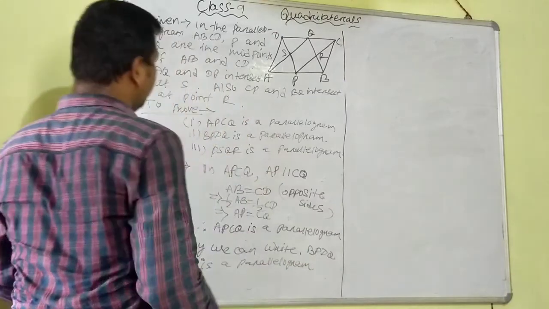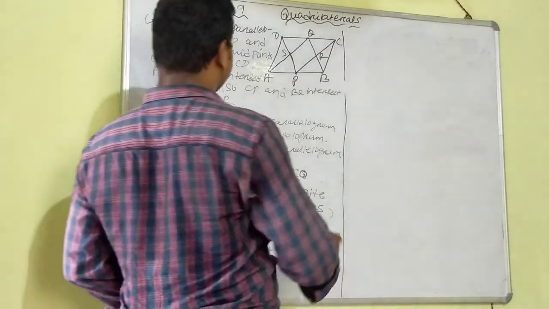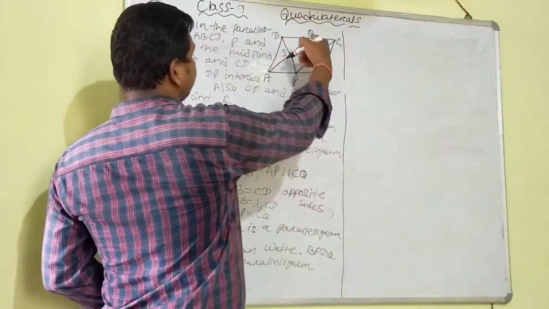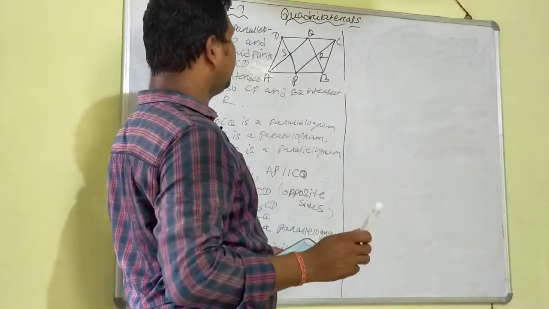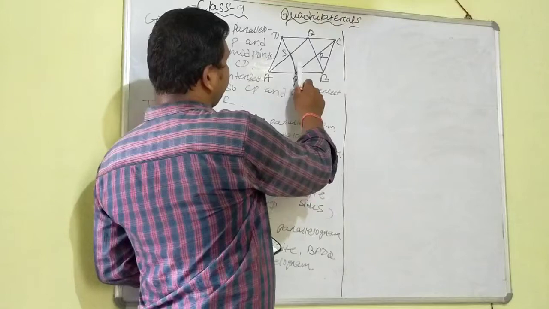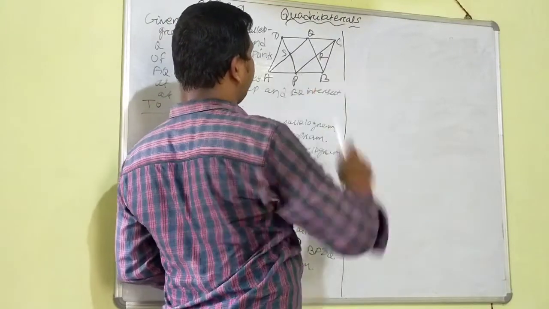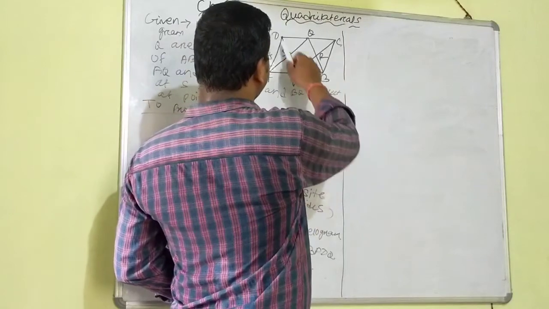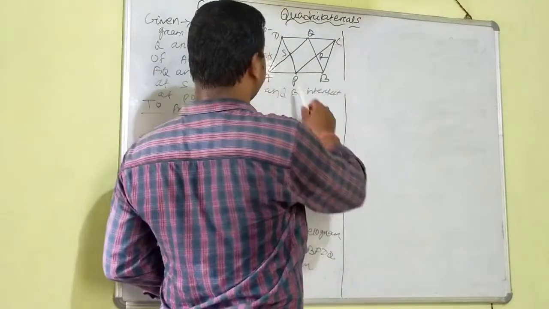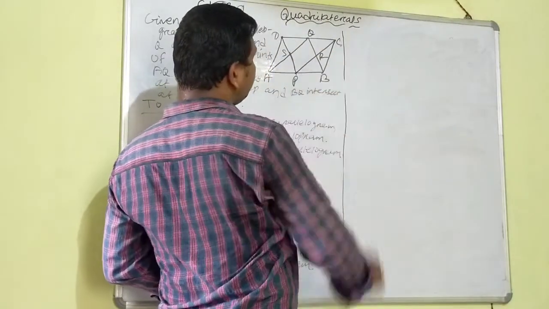Now we'll see the third part, that is PSQR is a parallelogram. So here you see PS parallel to QR because BPDQ is a parallelogram where PD parallel to BQ.